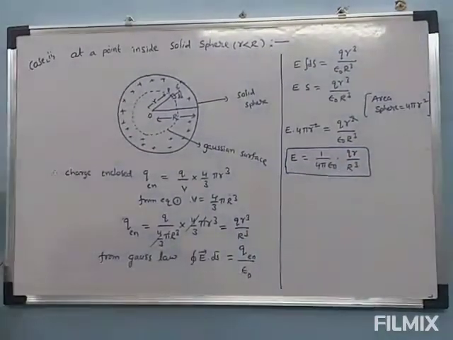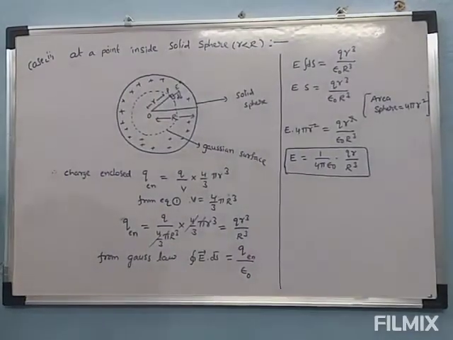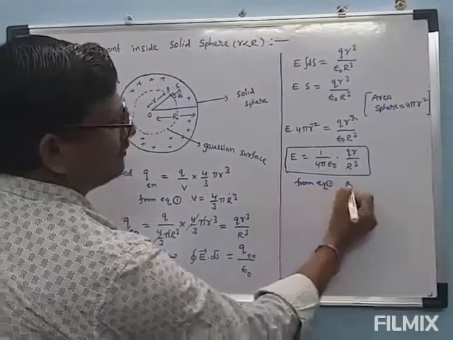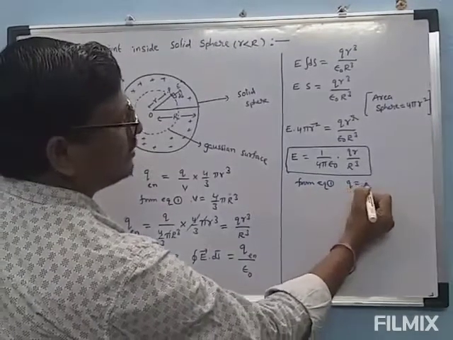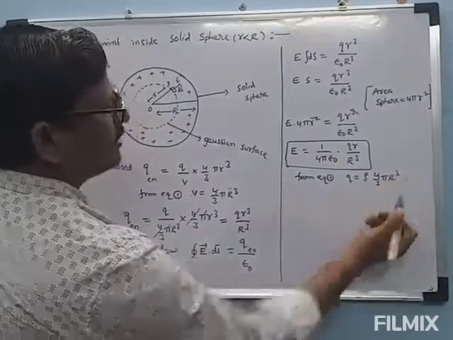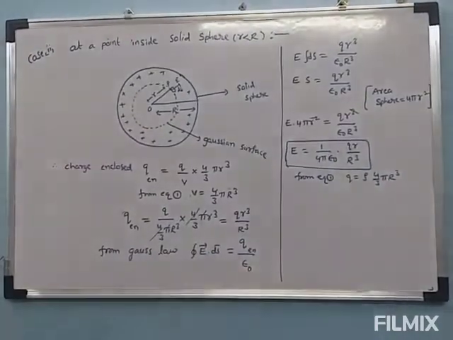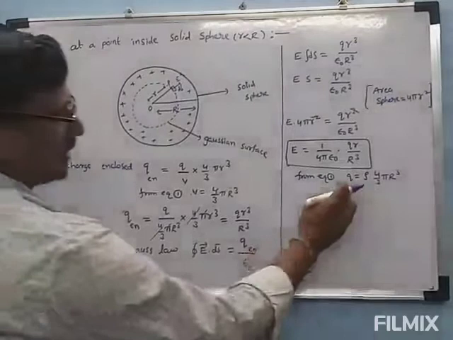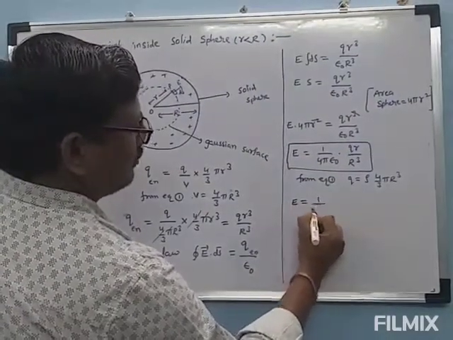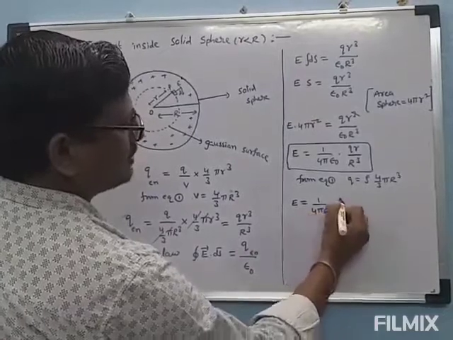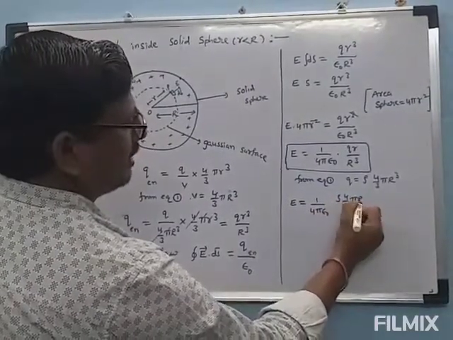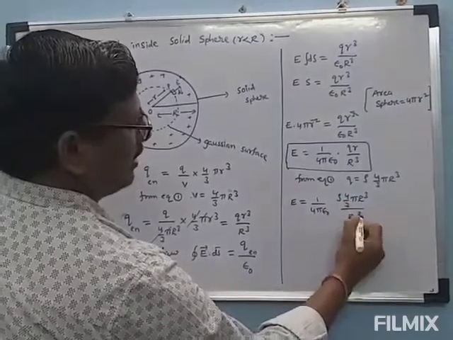Also, we can extend this. From equation 1, what can we write here? The charge is equal to rho into 4 by 3 pi R cube. Then we can substitute the charge value. The electric field E is equal to 1 by 4 pi epsilon naught, rho into 4 by 3 pi R cube by R cube into r.